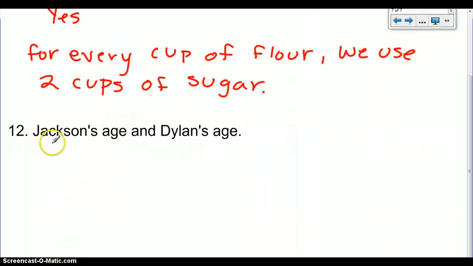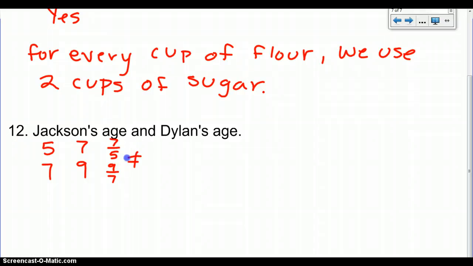Because if Jackson's age is 5 and Dylan's age is 7, and then it goes up 2, it'd be 7 and 9. But it won't be the same proportion because 7 over 5 and 9 over 7 is not equal.